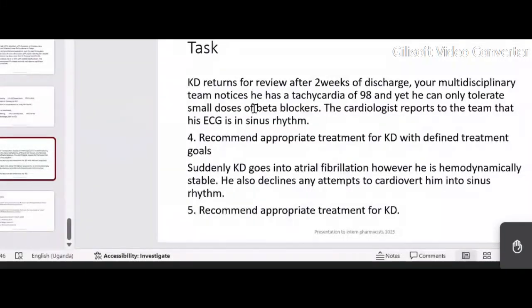Number two, digoxin, what else do you monitor for? Owen is raising his hand. Yes, Owen. You can also monitor magnesium.